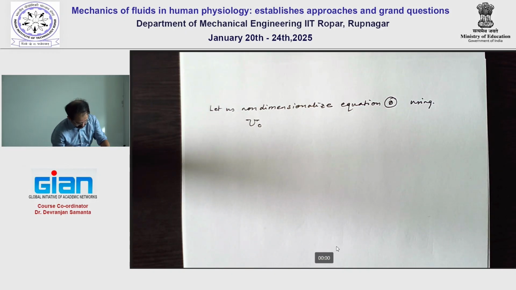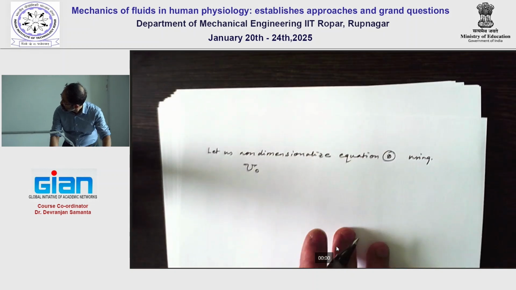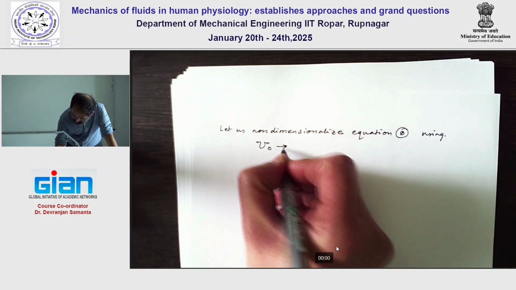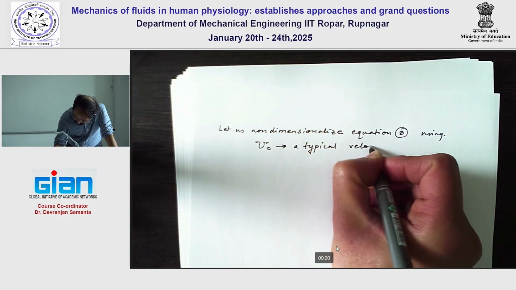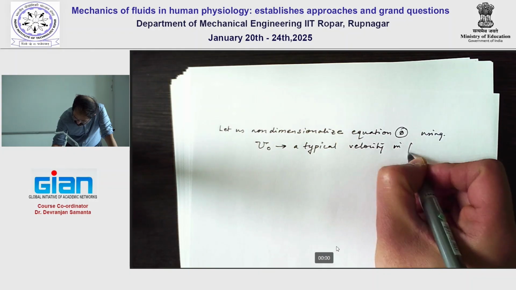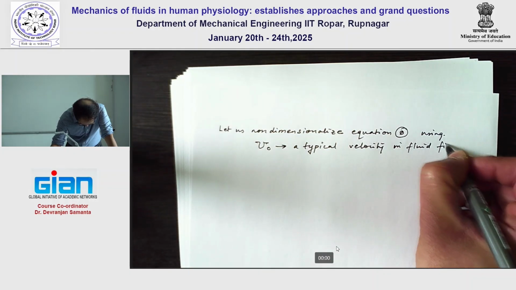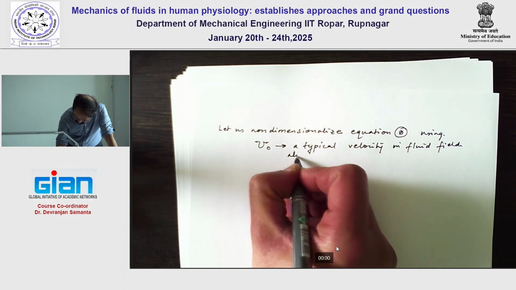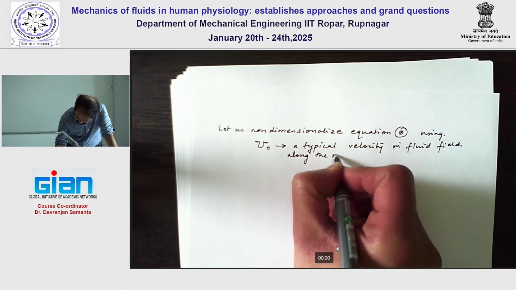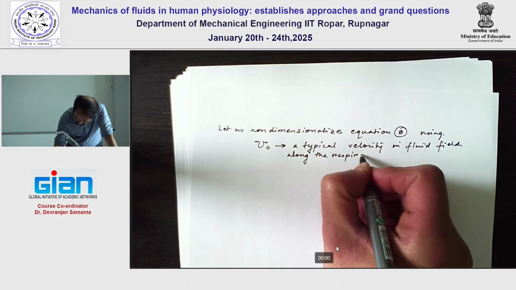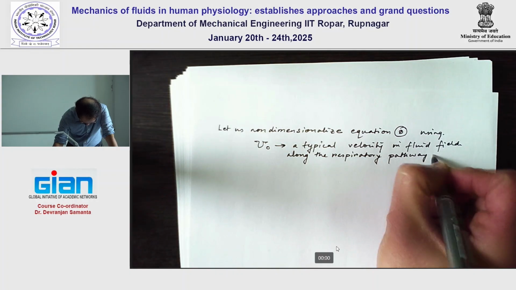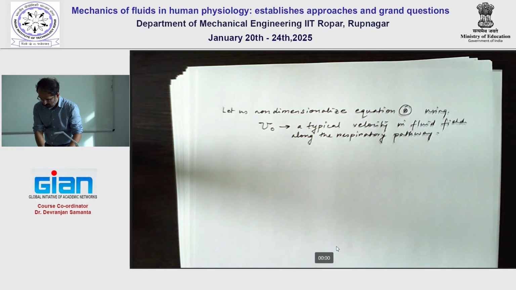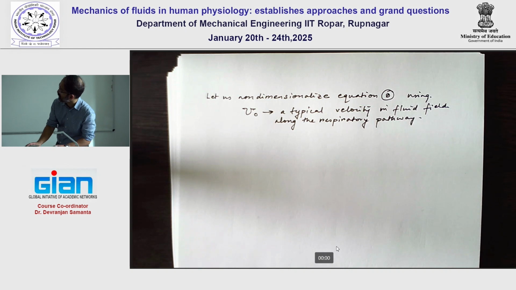So u naught is a typical velocity in the fluid field along the respiratory pathway, at an appropriate region along the respiratory tract depending on the problem.